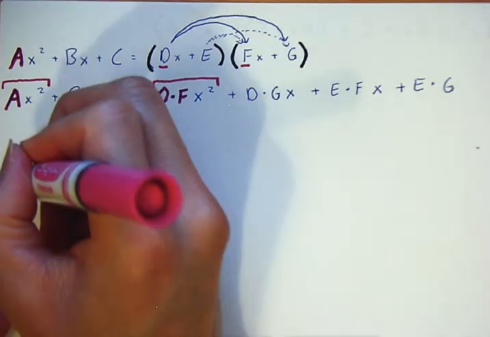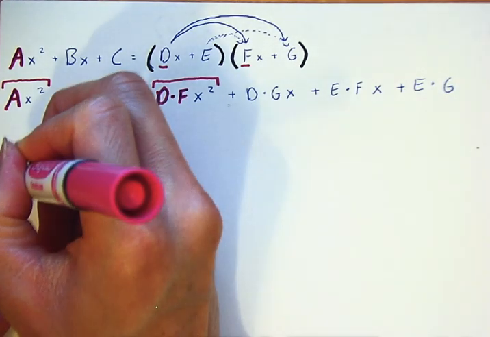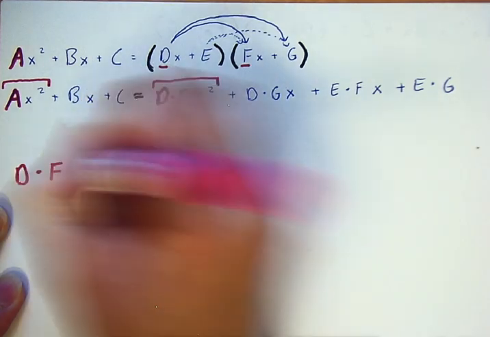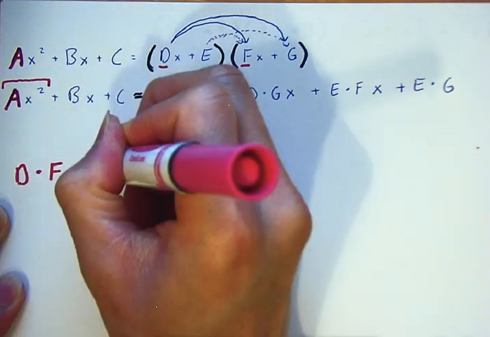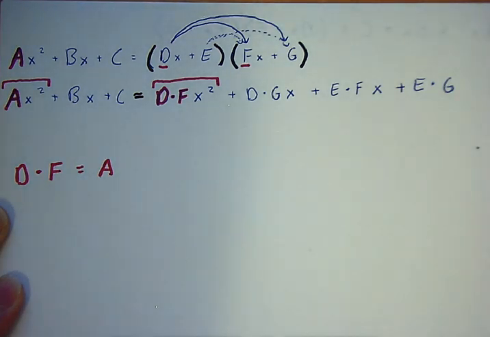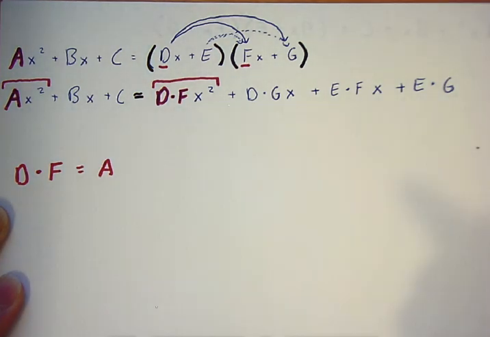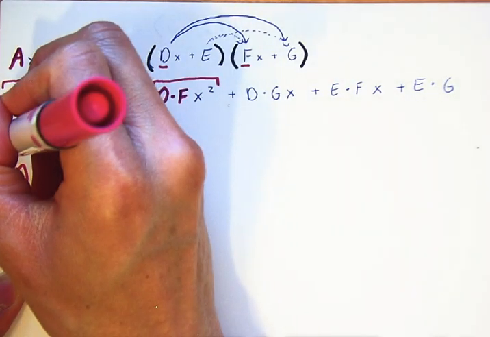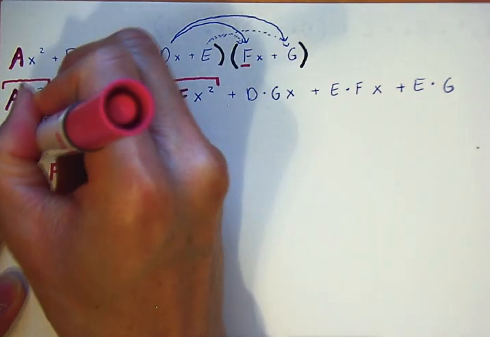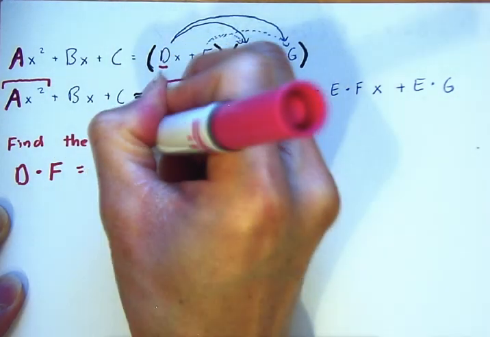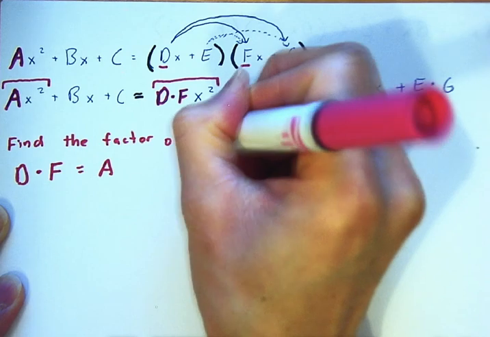So I know that my d times my f will equal my leading coefficient a. Which is why my first step when I was factoring before was finding the factors of a.